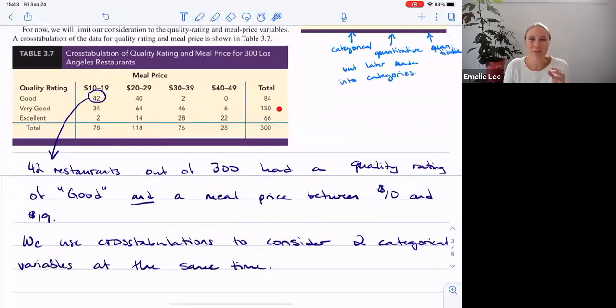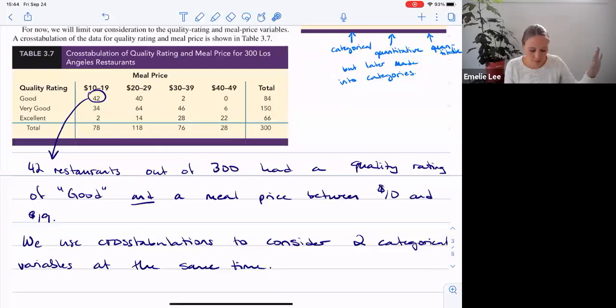We often have the totals on the outside, right? And so the total for the rows would be ignoring the meal price rating. So the total number of restaurants that had a quality rating of good is 84 out of 300. For very good, it was 150 over 300 and so on and so forth.